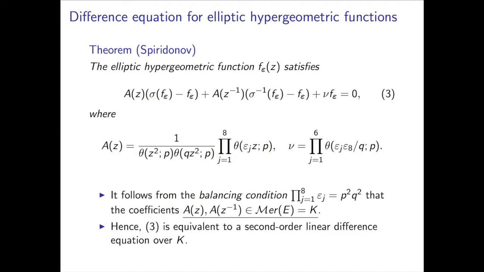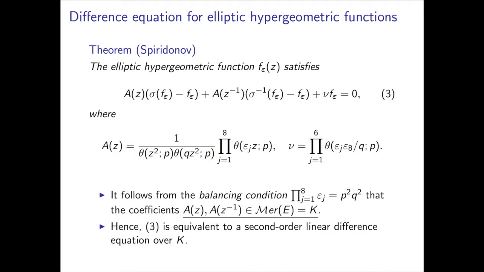So let me point out two things about this equation. First of all, this nu that appears here is just a number. Okay, there are no z's in it. It's just a funny number, but still just a constant. And this function a of z is a bit of a mess.